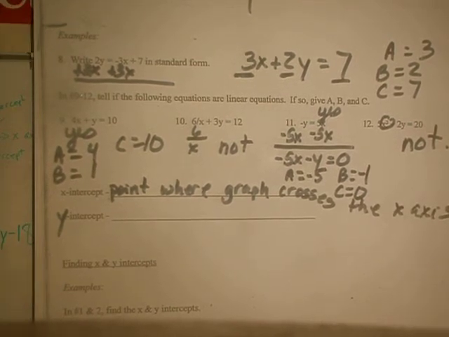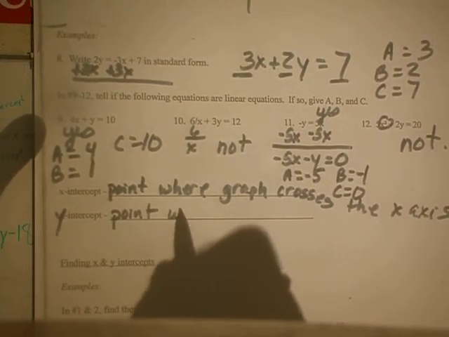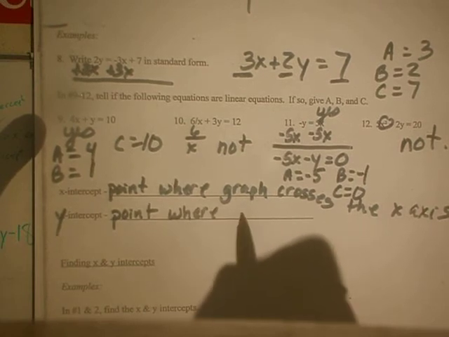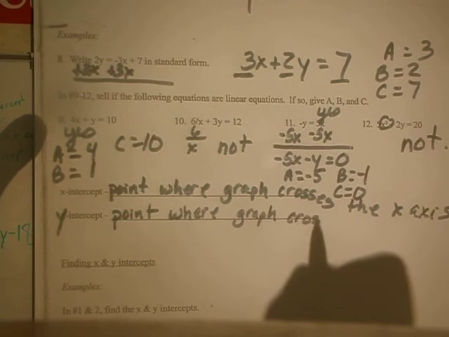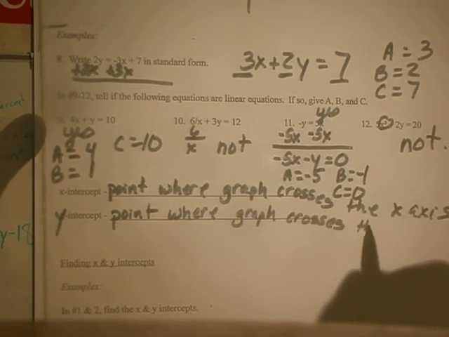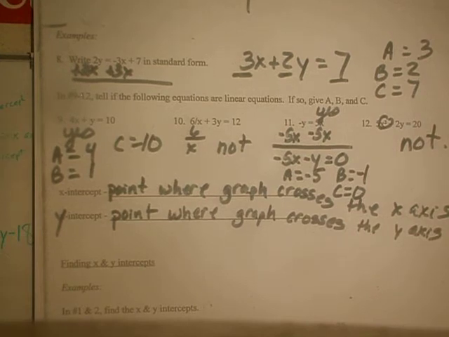The x-intercept is the point where the graph crosses the x-axis, and the y-intercept is the point where the graph crosses the y-axis. So the point where the graph crosses the x-axis is your x-intercept. The point where your graph crosses your y-axis is the y-intercept.